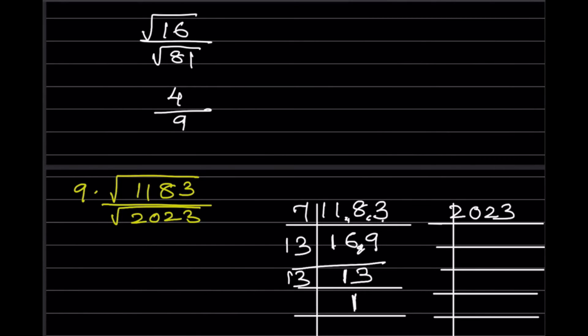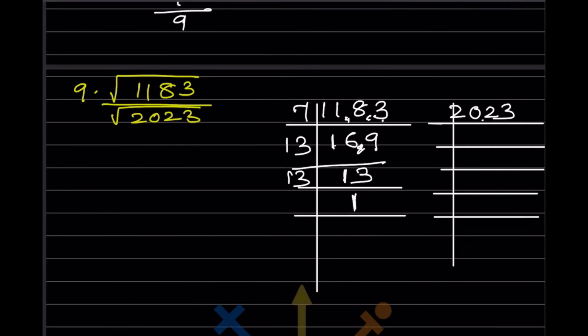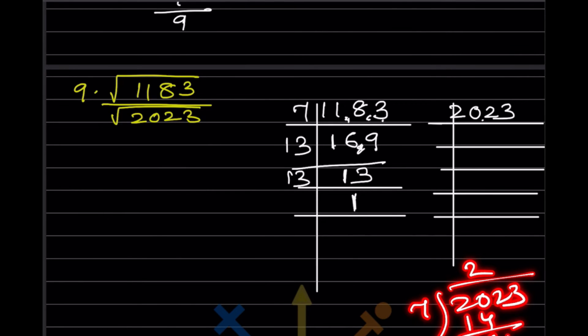So now again let us look for the next number. This also doesn't go with 3. So now let us see whether this goes with 7. So if you want we can do it separately. 2023 with 7. 7 2s are 14. 62. 7 8s are 56.